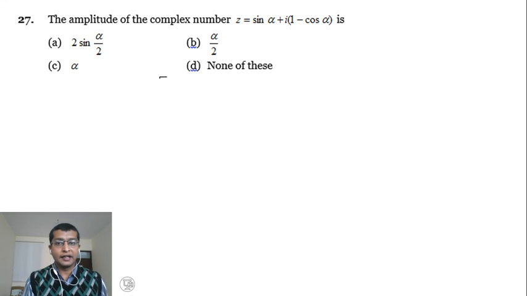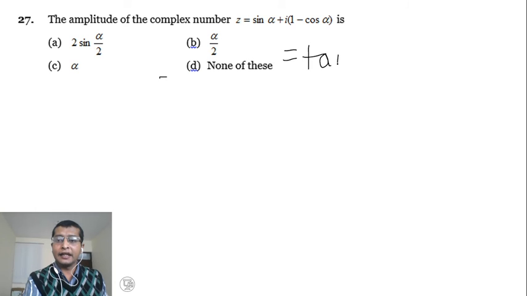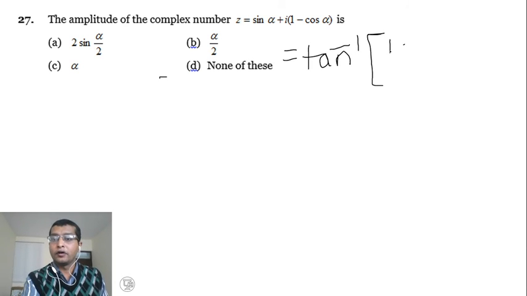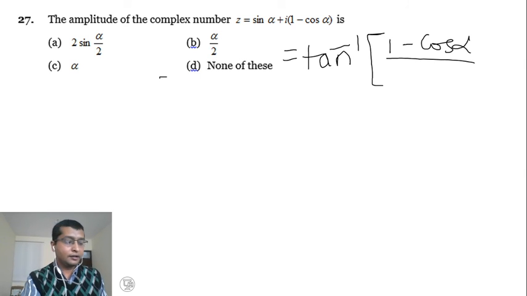Yes, we'll move to the next example, the amplitude of the complex number. Amplitude means, as we discussed at the beginning of this class, tan inverse B by A. So the amplitude of a complex number is tan inverse B by A. B is the imaginary part, it is 1 minus cos alpha, divided by the real part, sin alpha.